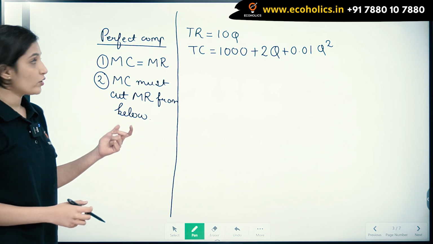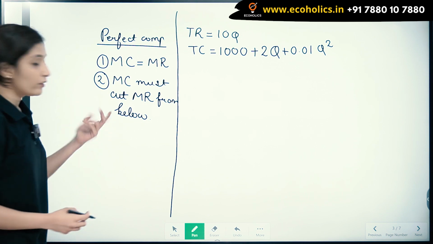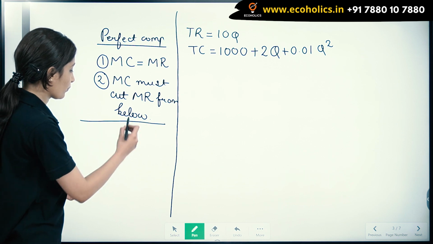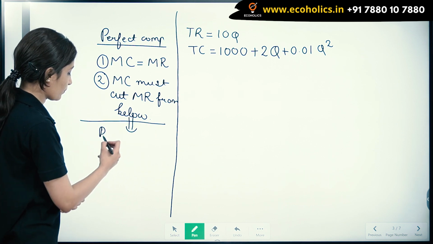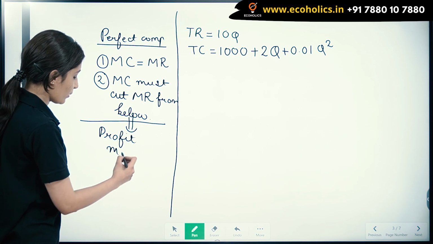These were the two conditions for firm to be in equilibrium in case of perfect competition, and these were also the condition for profit maximization. So, profit maximizing conditions.